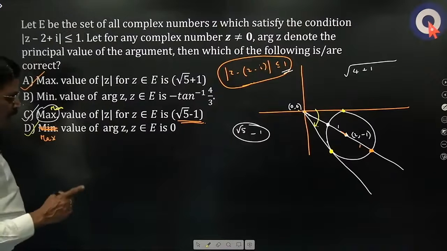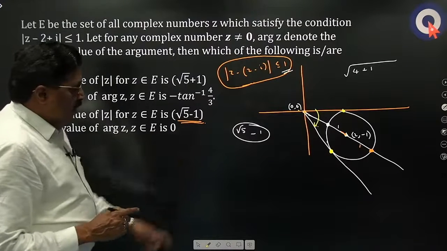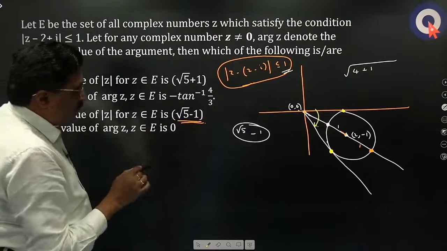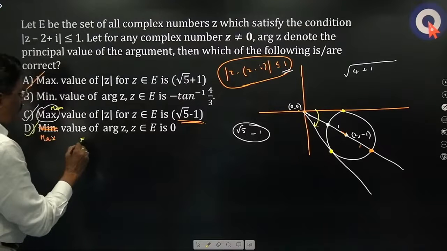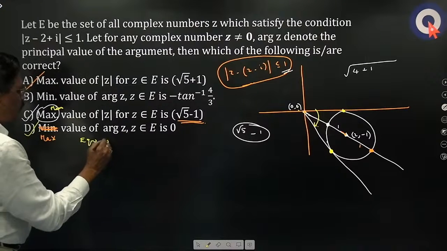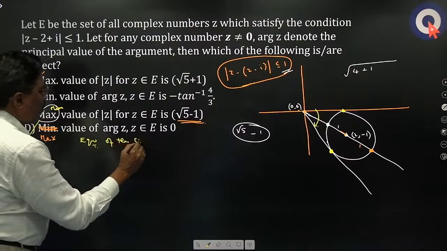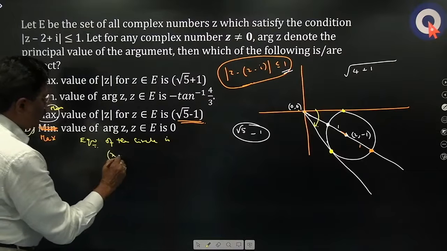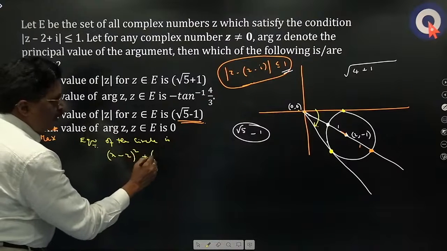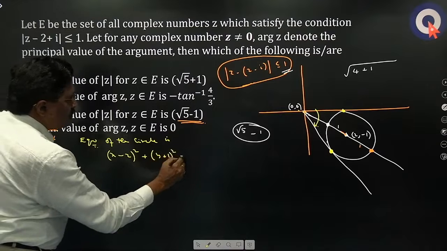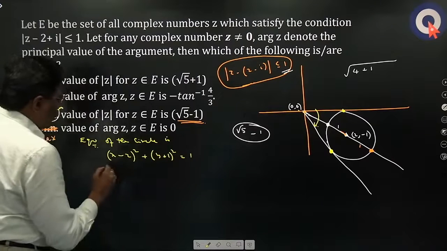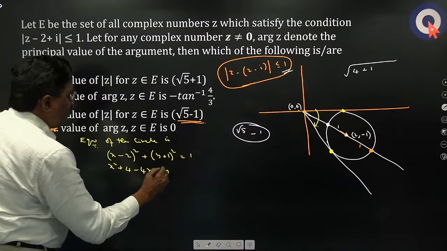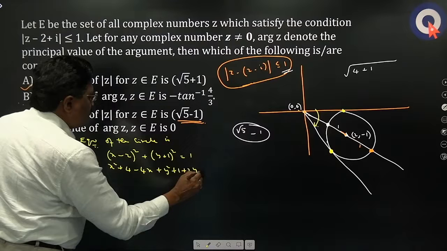So to find the combined equation of tangents drawn to the given circle from 0, 0, let us write the equation of the circle first. So the equation of the circle is x minus 2 whole square plus y plus 1 whole square is equal to the radius 1 square. So this is x square plus 4 minus 4x plus y square plus 1 plus 2y is equal to 1.